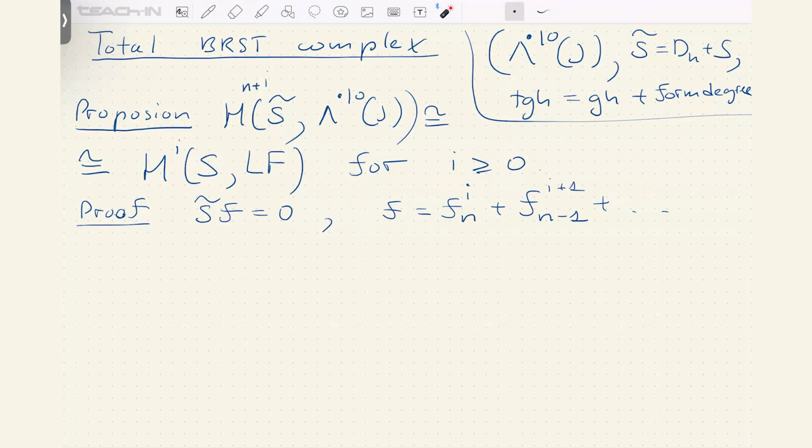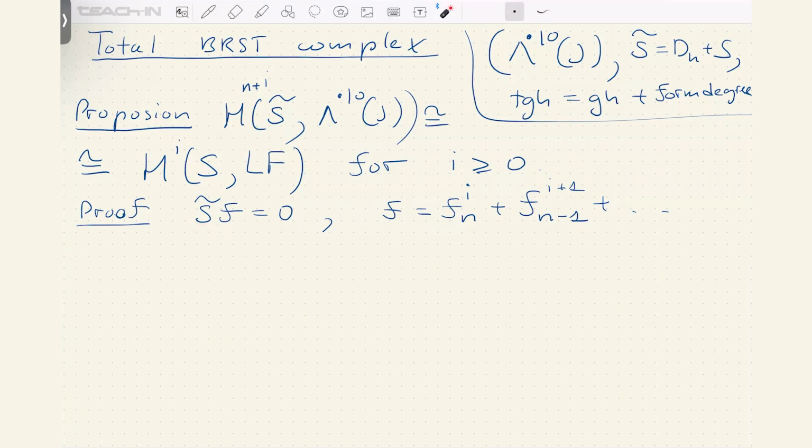Okay, so I decompose f into homogeneous differential forms. Because I have only total degree, my generic f contains horizontal forms of different degree. But the sum of Gauss degree and form degree should be constant, right? Because it's the total degree of my element. Suppose I'm interested in degree n plus I. So that's what it looks like. So let's consider what this condition amounts to.